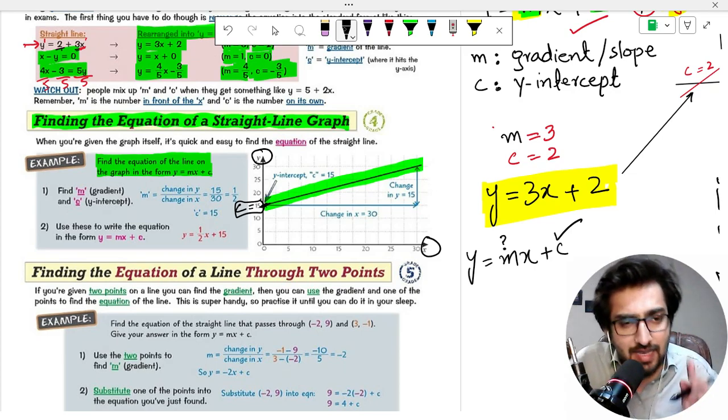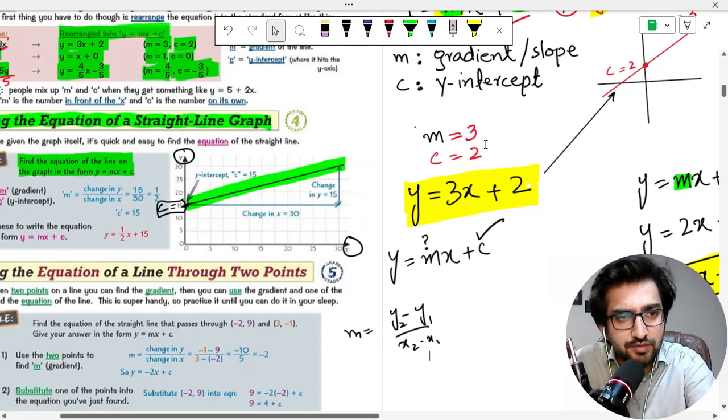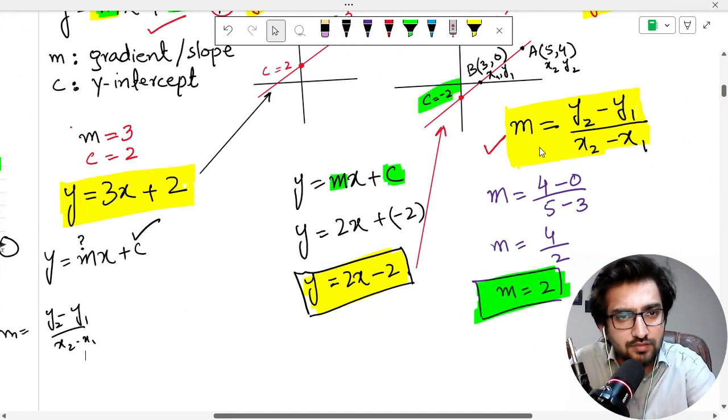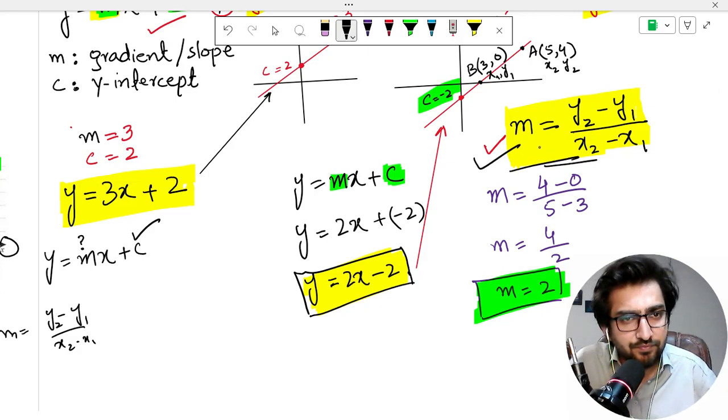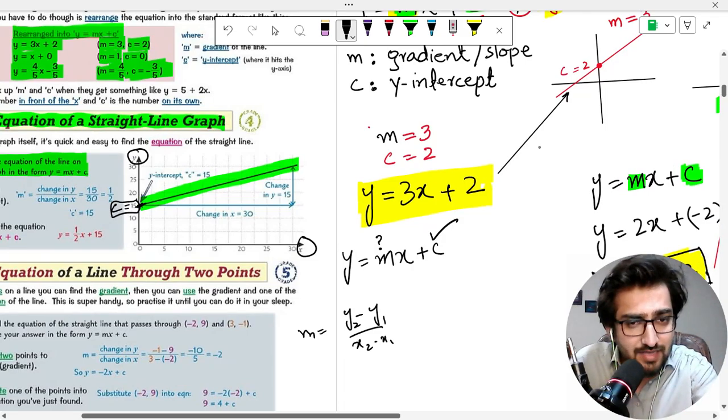One question I have explained to you, where you use this formula, m is equal to y2 minus y1 divided by x2 minus x1, which I explained just over here. That one here. But there was another formula as well which I explained to you in the last lesson.